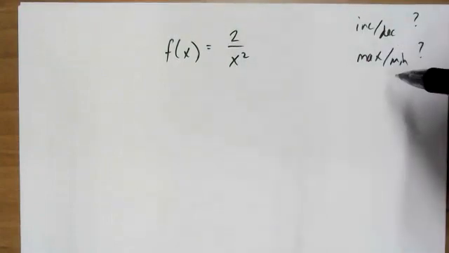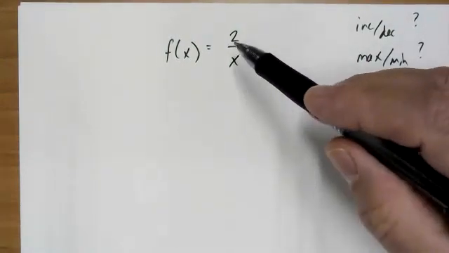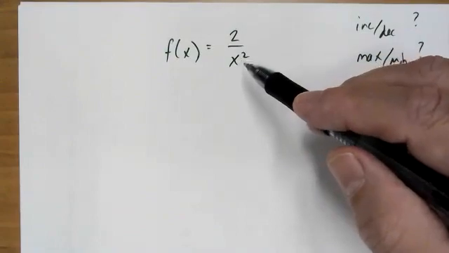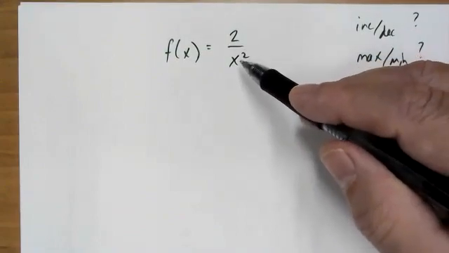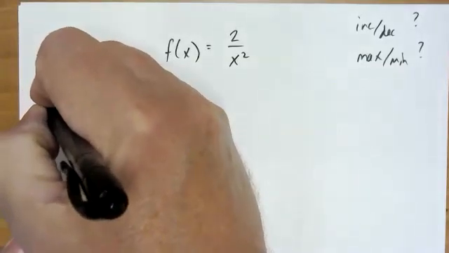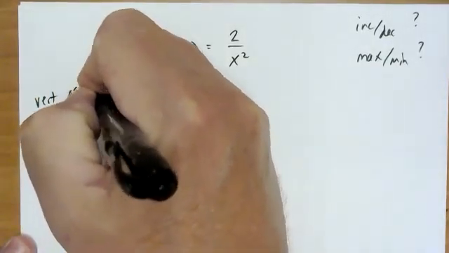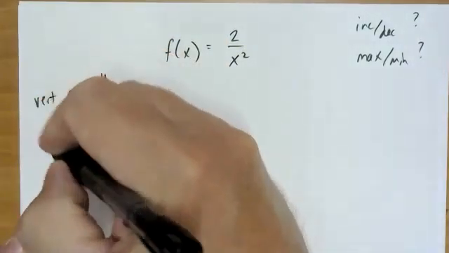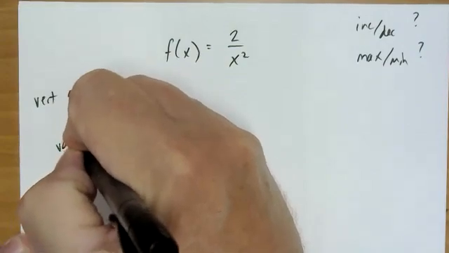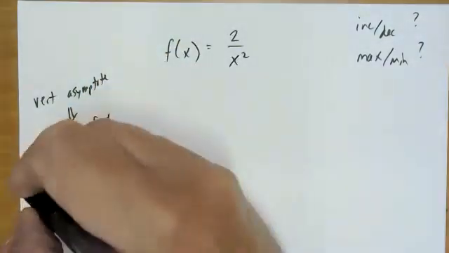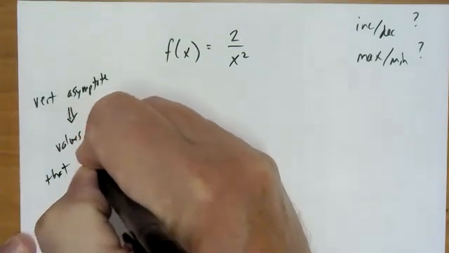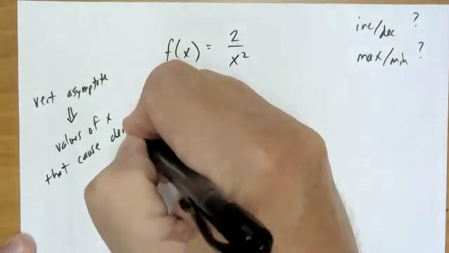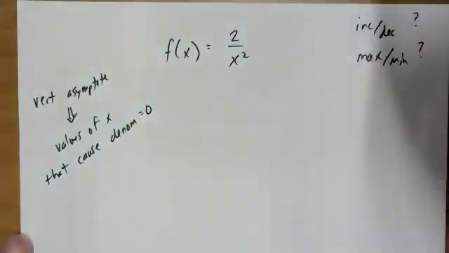Whenever you have a rational function, the first thing I'm going to do, in looking at the function, is determine if there are any vertical asymptotes. So once again, a vertical asymptote is the values of x that cause the denominator to equal 0.